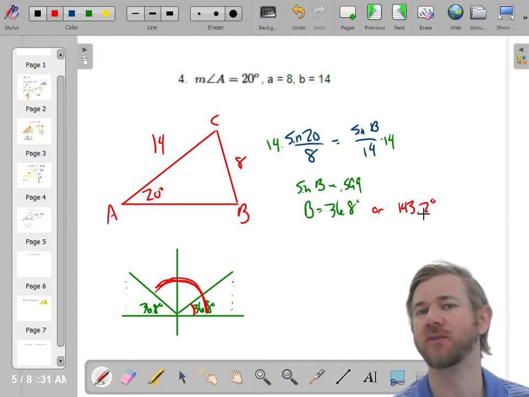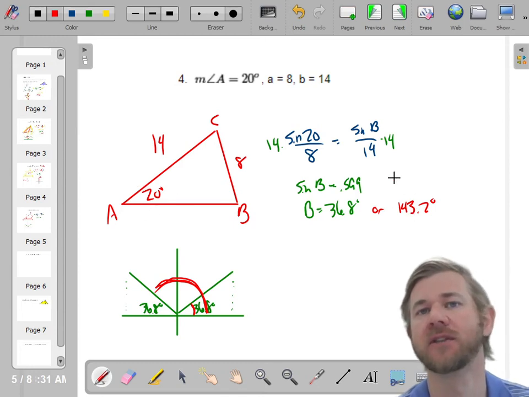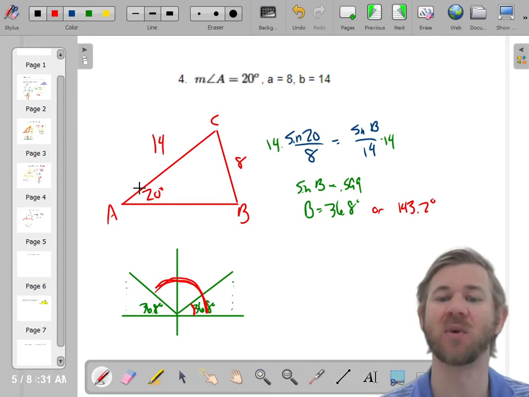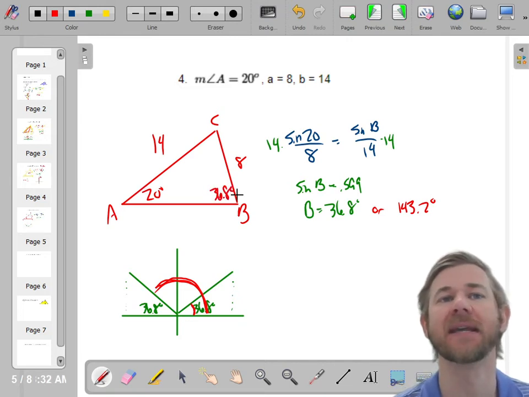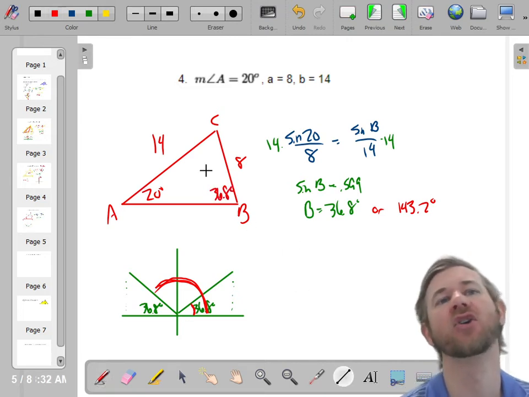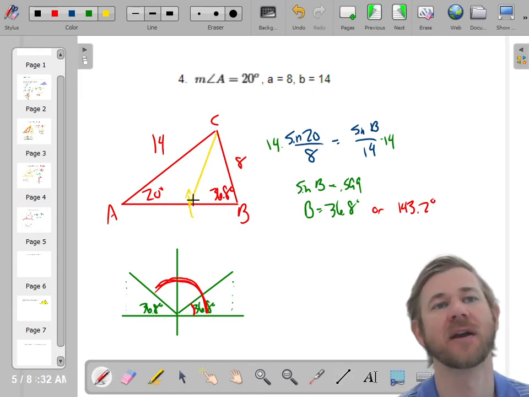If you have 143.2 and you have 20 degrees here, 143 plus 20 is still less than 180, which means it could fit. So it could be that this is 36.8 and it's an acute triangle, or it could be that they actually bent this guy in like that, and this is the triangle that we're talking about, and this is 143.2 degrees.